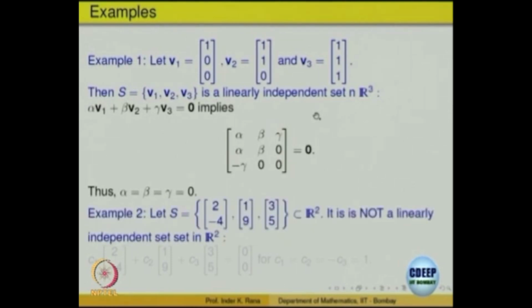Let us look at another example. Let S be a set of 3 vectors. First vector is (2, -4), second is (1, 9), and third is (3, 5). This is a subset of R2. Each vector has 2 components and we have 3 vectors. We want to know whether they are independent or not.